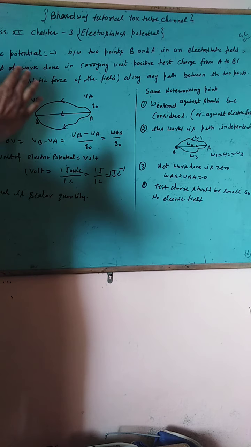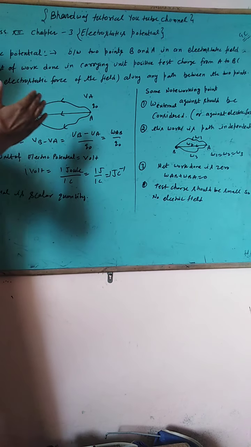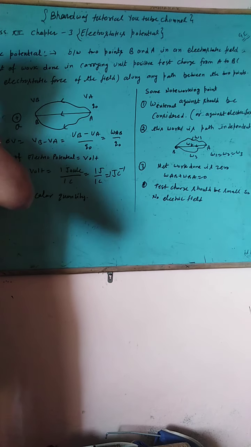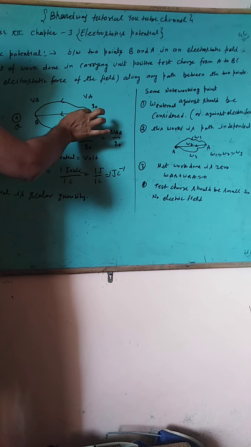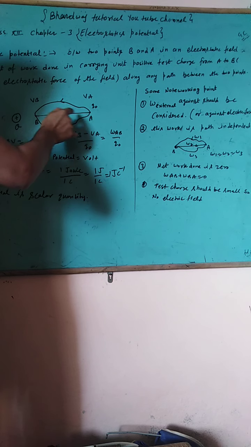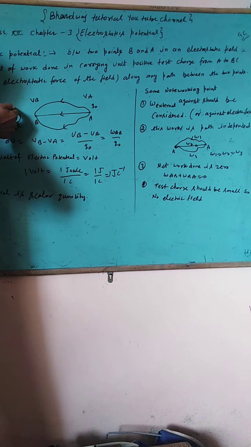What do you mean by the electrostatic potentials? Consider 2 points A and B. These points A and B are in an electrostatic field.